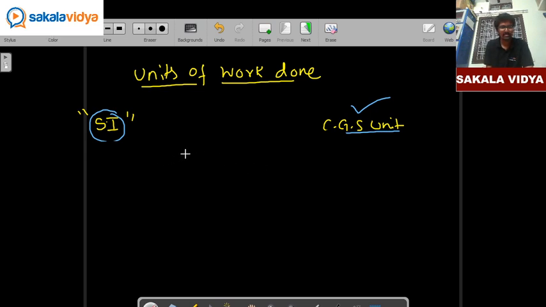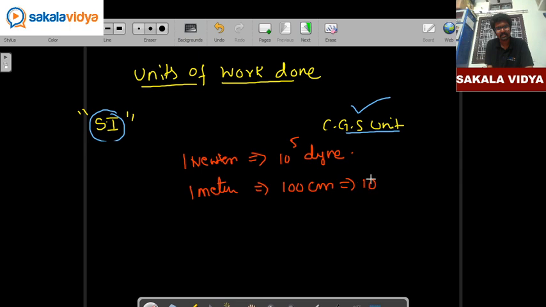So remember students, 1 Newton is equal to 10 to the power 5 dynes. I think you know 1 meter is equal to 100 centimeters, nothing but 10 square centimeters. So 1 joule is nothing but 1 Newton multiplied with 1 meter.